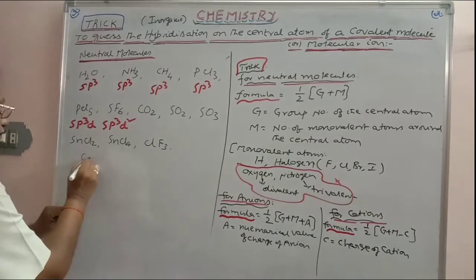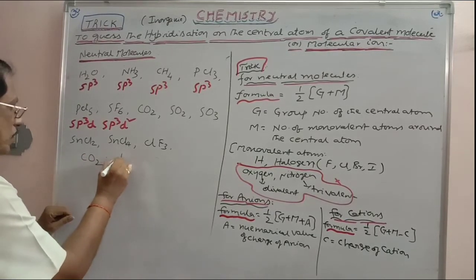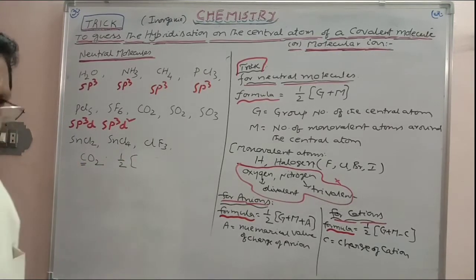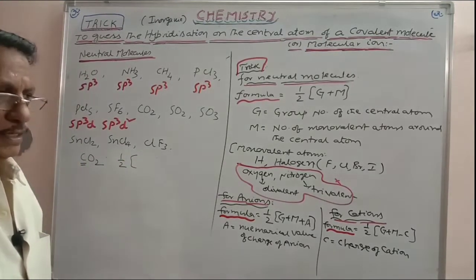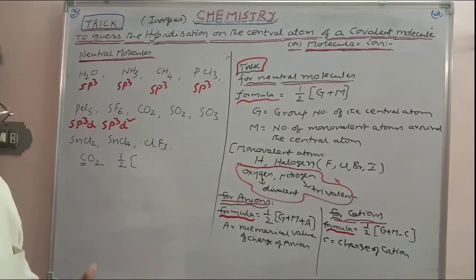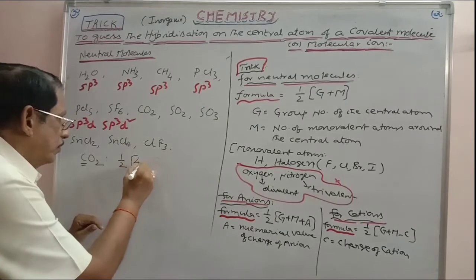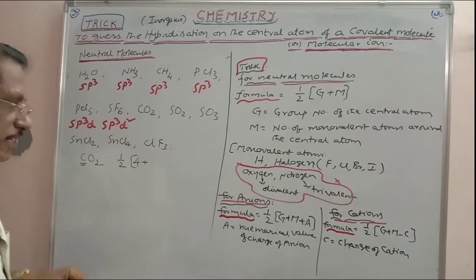CO2. Half into carbon, the central atom. The 2 oxygens are oriented in a particular direction, bonded to the central carbon. Carbon belongs to the 4th group, so 4, plus the surrounding atoms, which are oxygen.